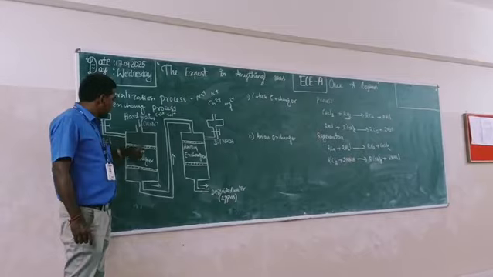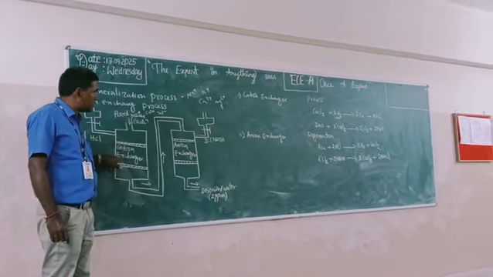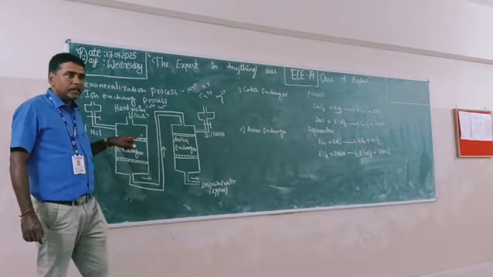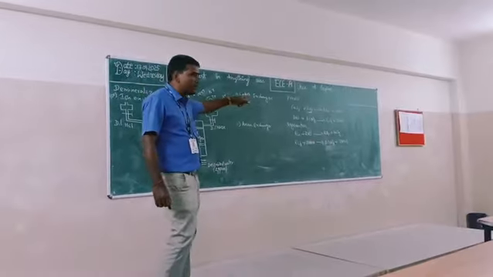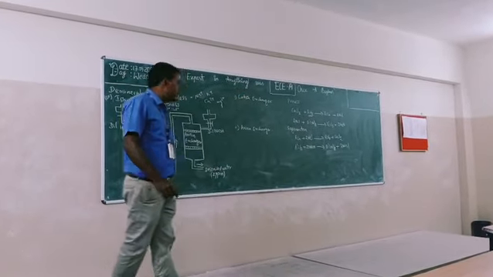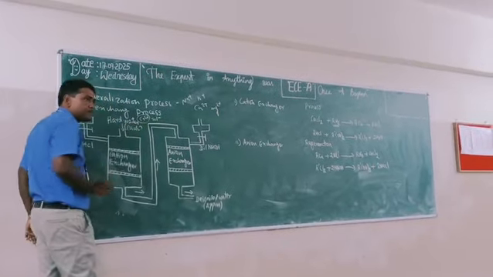The cation exchanger column contains only cation exchange resins, that is RH2, which absorbs only the cationic impurities, that is Ca2 plus ions.